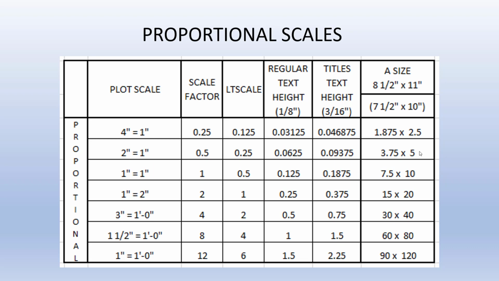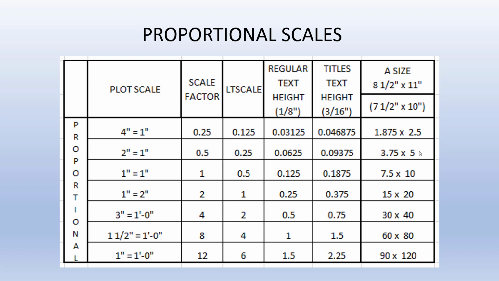The line type scale controls the appearance of dashes, dots, and gaps in line types such as hidden lines, center lines, phantom lines, and any other lines that are not solid continuous lines. The next two columns show the regular text height and the title's text height for drawings at that plot scale factor.